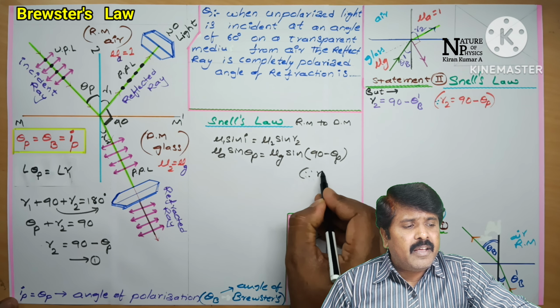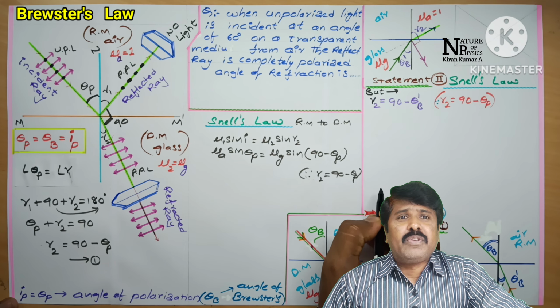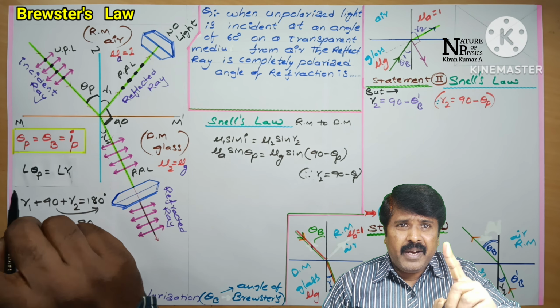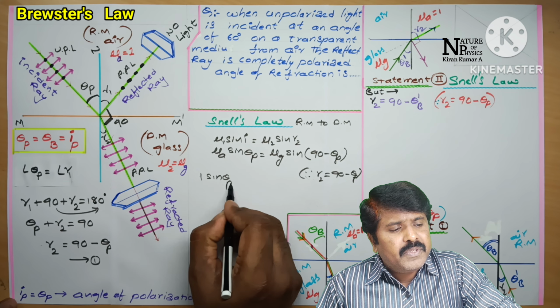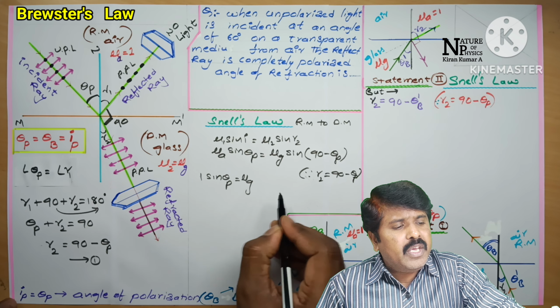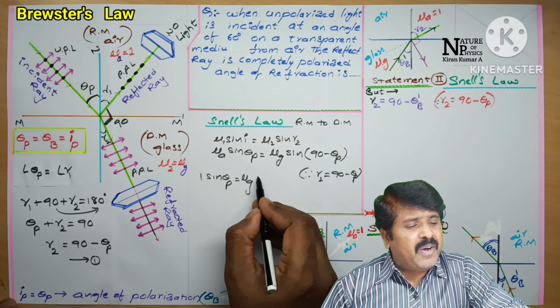Since I can write R2 is equal to 90 minus theta p, mu a, the refractive index of air, is 1, into sin theta p, which is equal to mu g into sin of 90 minus theta, which is equal to cos theta.